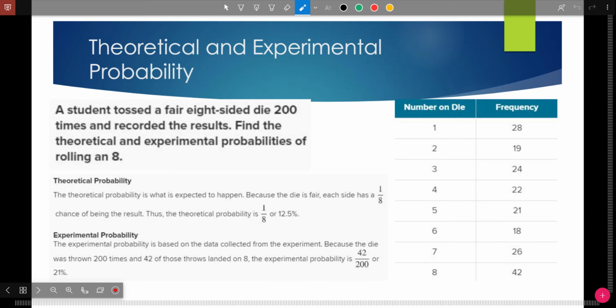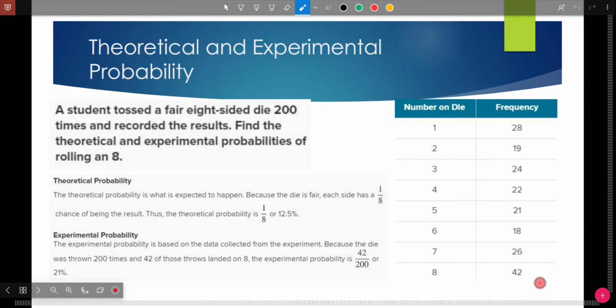Okay. And the rolls and what happened, that's recorded over here. It's called a frequency table. And then we want to find the theoretical and experimental probabilities of rolling an 8. Well, there's 8 numbers. One of them's an 8. And so you have a 1 in 8 or 12.5%, or you say 0.125. Those are all different ways to write the theoretical probability, right, of rolling an 8. 8 happened 42 times of the 200 rolls.